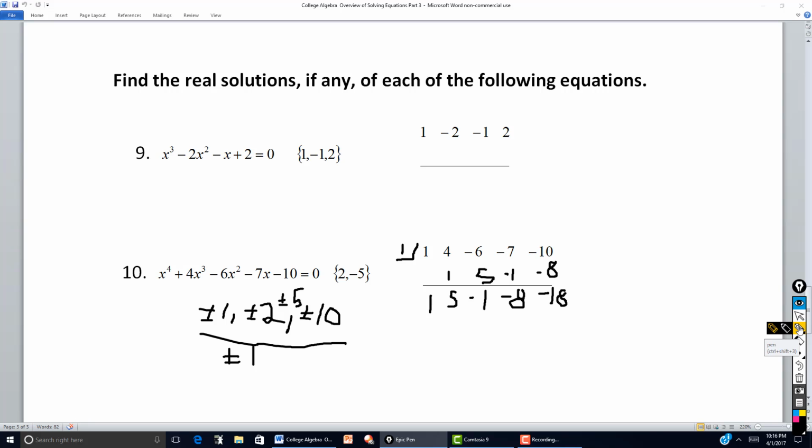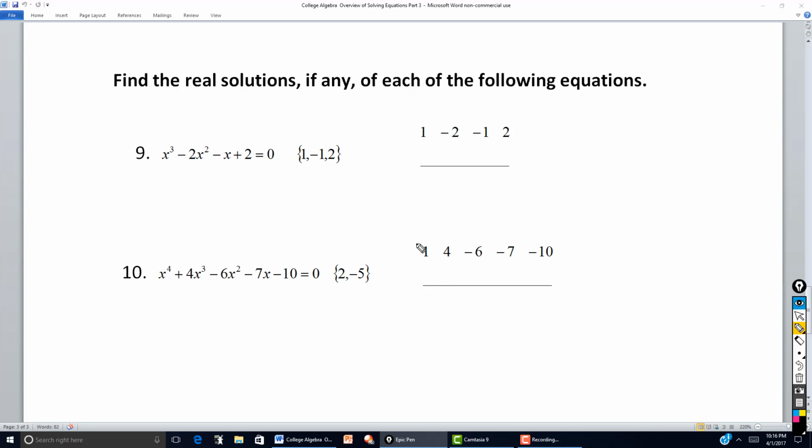Okay, so then I would go to the next one. Go to this, and I would try then a 2. So the 1 comes below this line right here.